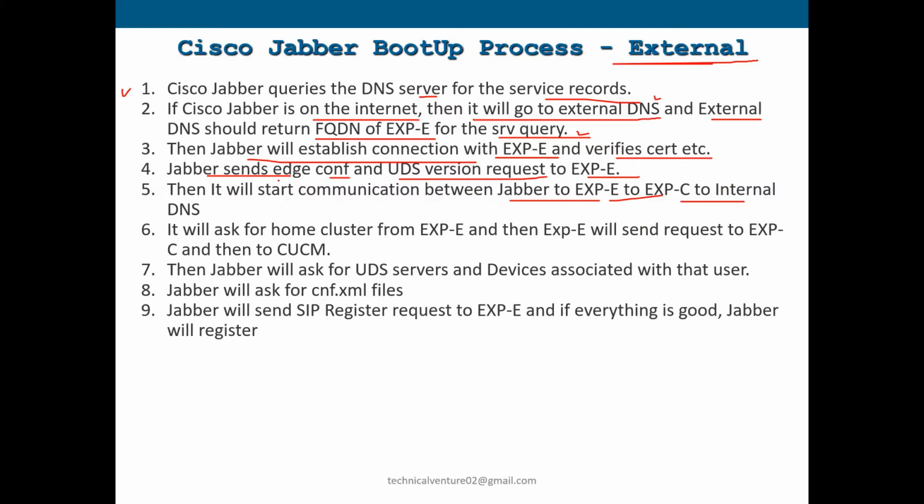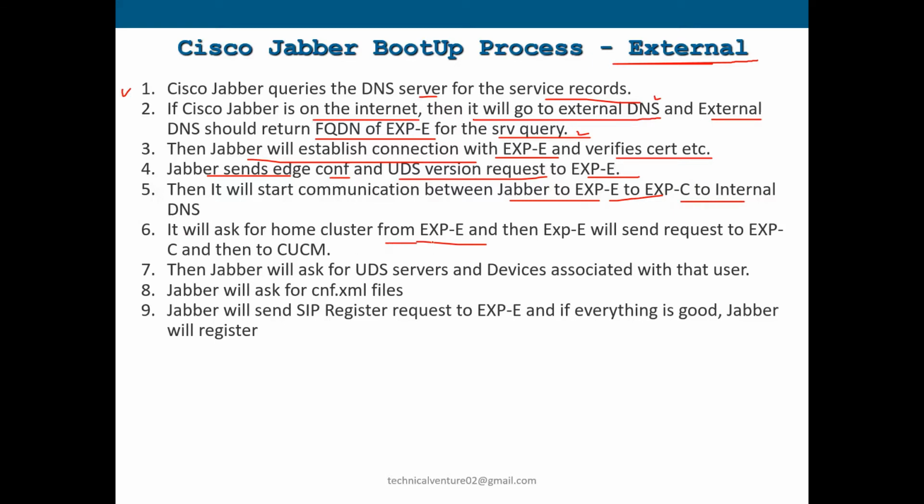Once Jabber sends the edge configuration and UDS version request to Expressway, someone should reply. It will just send the request to Expressway E, then Expressway E will send it to C and the other components. Once all the requests and responses are done, it will ask for the home cluster from Expressway E, like, what is my home cluster so that I can log in.